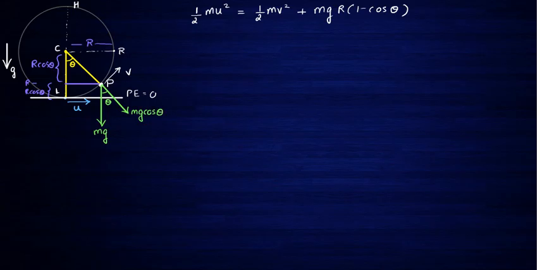If we write a dynamical equation, then we get tension T acting towards the center, minus mg cos theta, which in this diagram is acting away from the center, equal to mv square by r, according to the dynamics of circular motion. These are the two equations that are always valid. Now let us choose to analyze the first case when it comes to vertical circular motion.